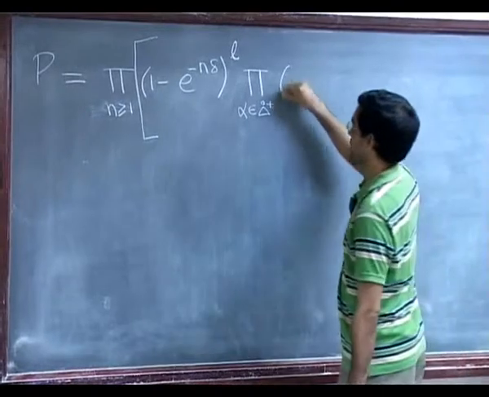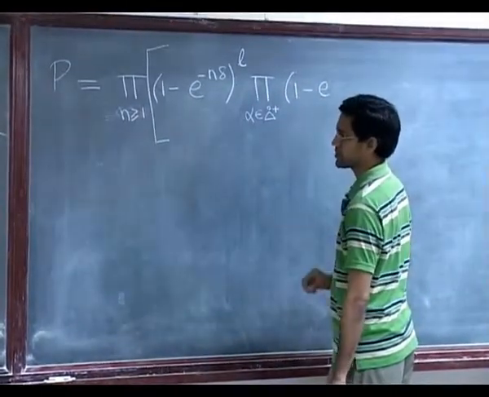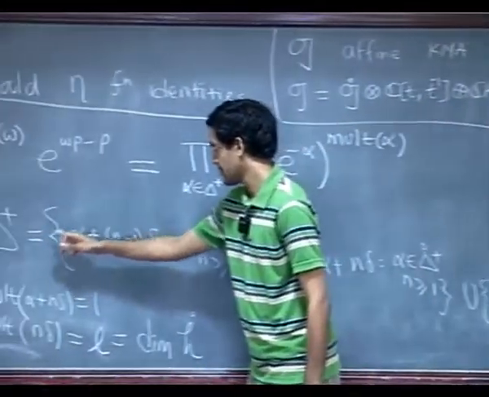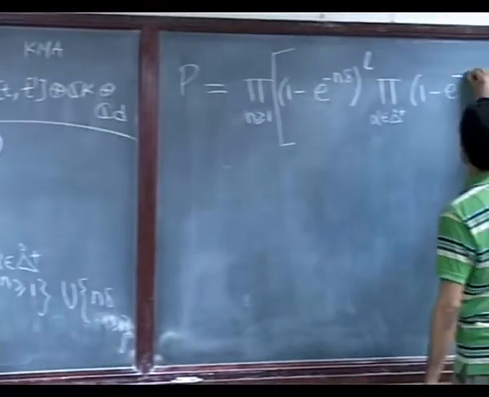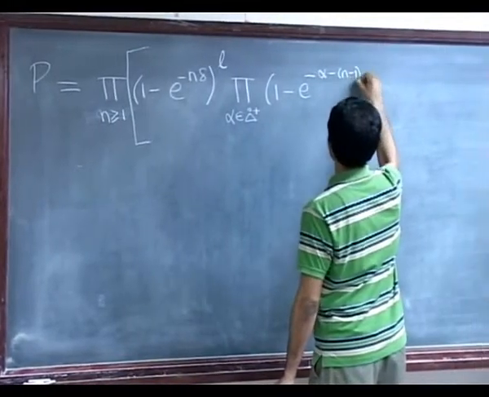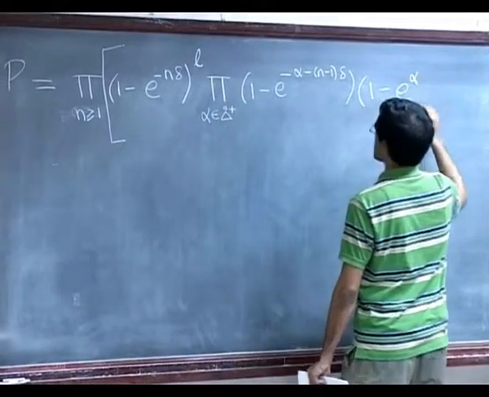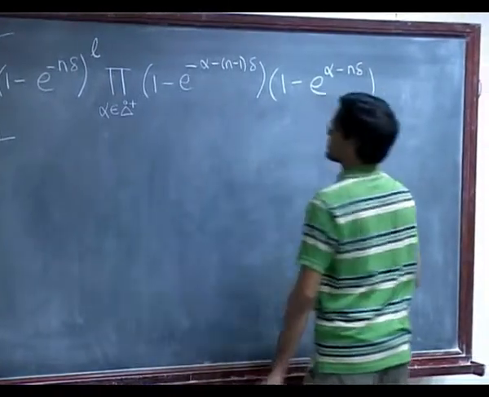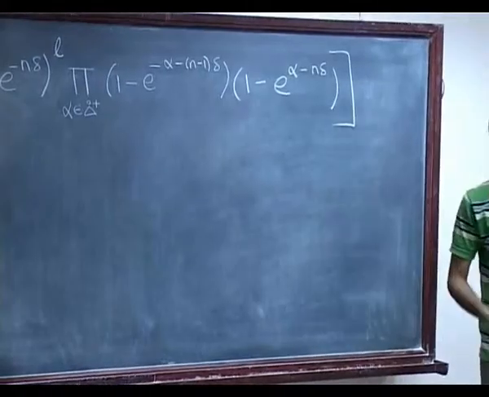So now I should have 1 minus e to the minus of these roots: e to the minus alpha minus n minus 1 delta. Then I should also have e to the plus alpha minus n delta. It's fine, just put them all together.